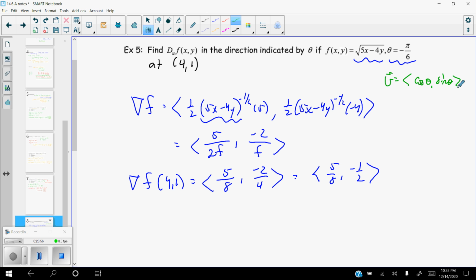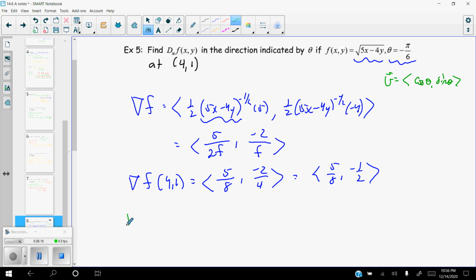And how do I know that that's a unit vector? Well, square each component, cosine squared plus sine squared, add them together, you get 1, take the square root, you still get 1. It's probably the easiest one to use. And we know that x is cosine theta and y is sine theta, which is why I put them in that specific spot. So there is a unit vector.